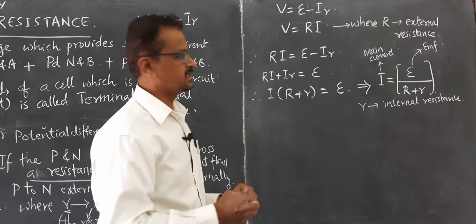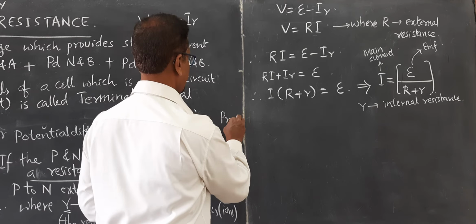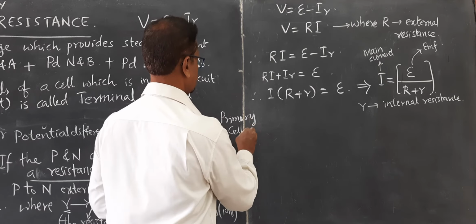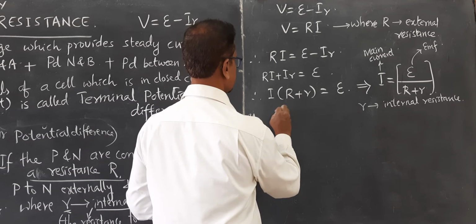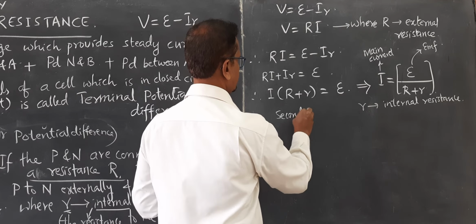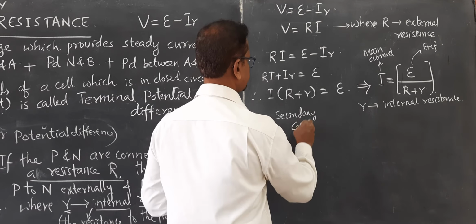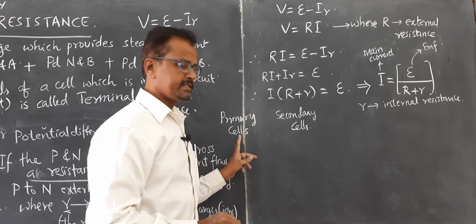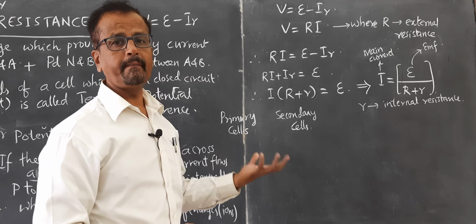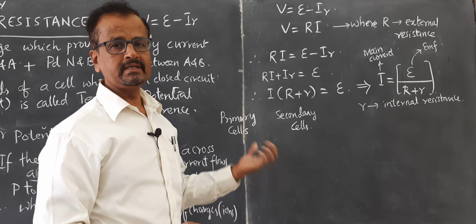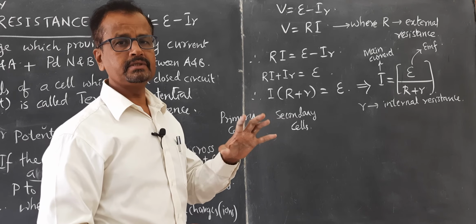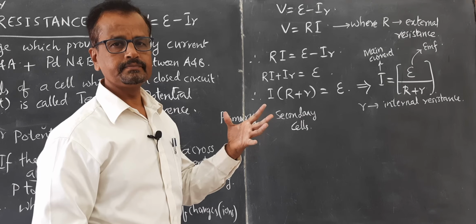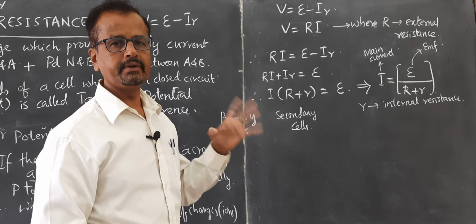There are two types of cells: primary cells and secondary cells. Remember, you are learning in detail in chemistry also. Primary cells are the ones which cannot be recharged. Once they are completely used, they have to be dumped into the dustbin.